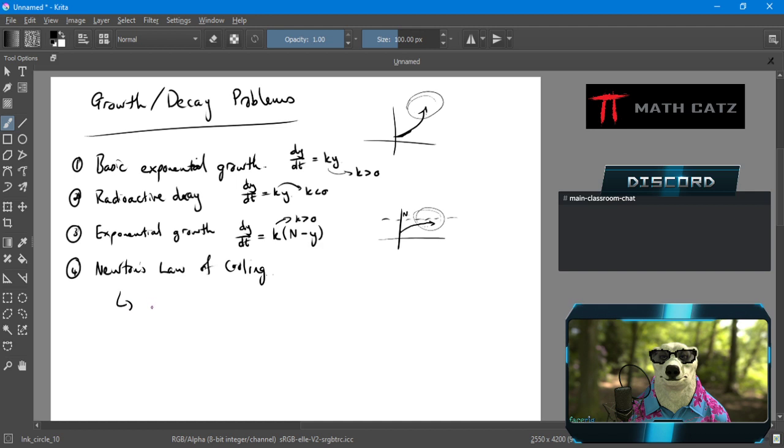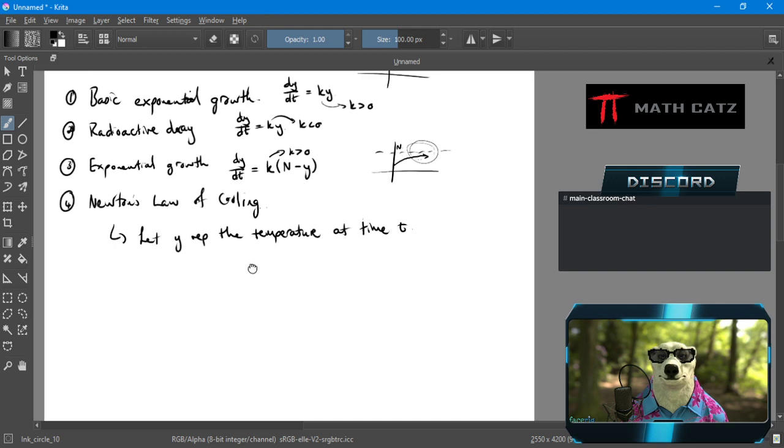Newton's law of cooling says if I have a cup of coffee that's really hot and I want to leave it out to cool, first we're going to say, okay, let Y represent the temperature of the object at time t. Now, in the case of a hot cup of coffee, that temperature, if I leave it out, is going to decrease. So we have a decaying situation here. The temperature, if you will, is decaying.